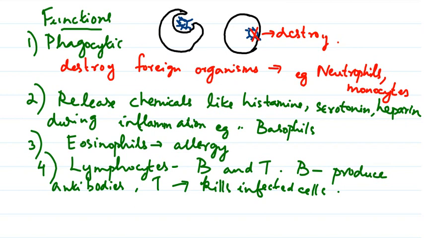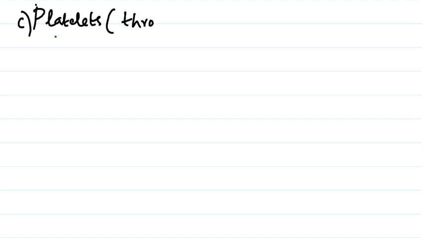The last type of formed element is platelets or thrombocytes. Platelets are also called thrombocytes.